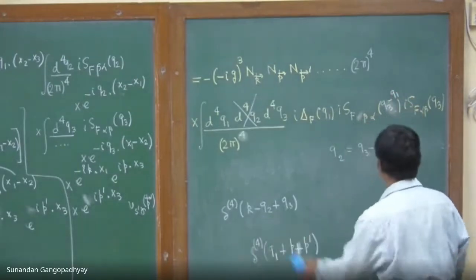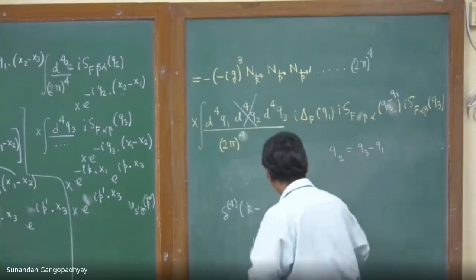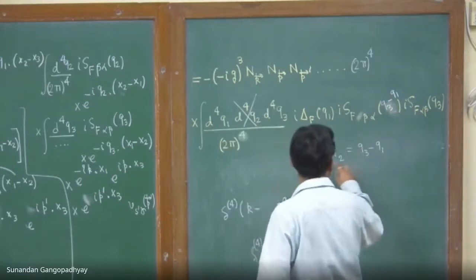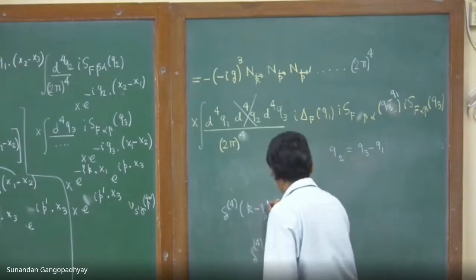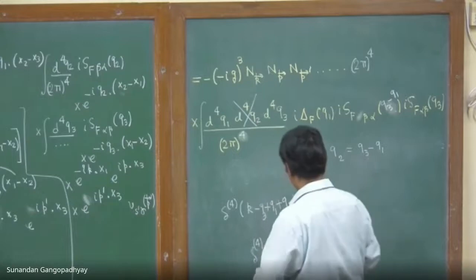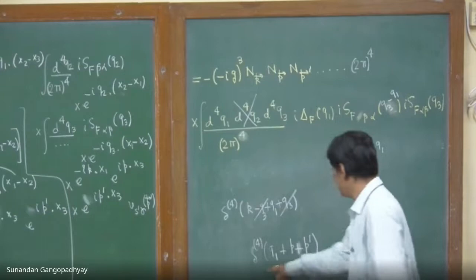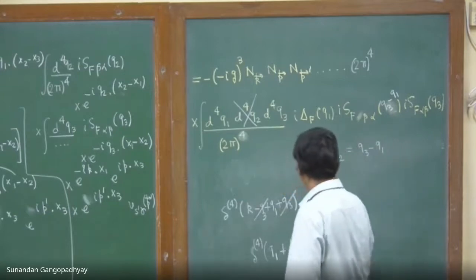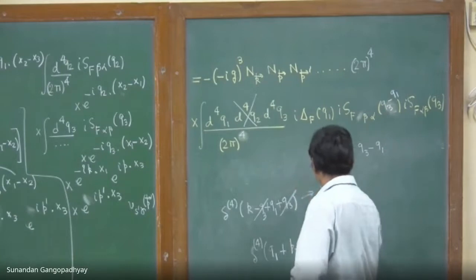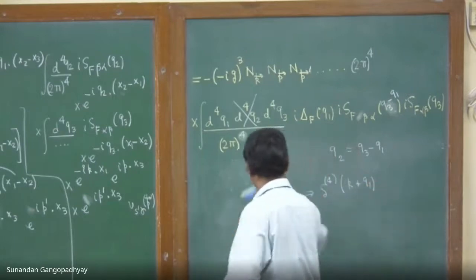Here also you have to replace Q2 by Q3 minus Q1. So you will get minus Q3 and plus Q1. Q3 and Q3 will get cancelled. And in this one there is no Q, so you don't need to worry about this. So this one ultimately becomes delta 4 of K plus Q1.